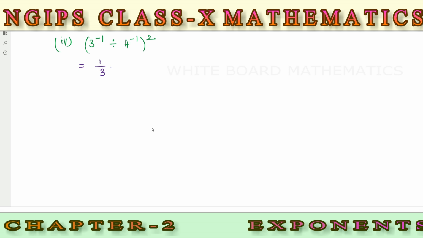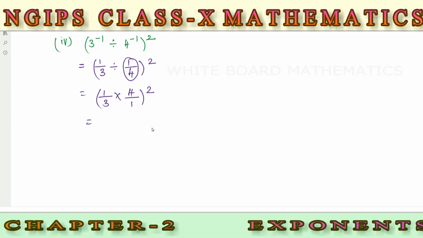It will become 1 by 3, in here division, 1 by 4 whole square. So I need to take 1 by 3. Instead of this division I am going to take it as multiplication, so we have to take this term as a reciprocal. So 1 by 4 becomes 4 by 1, whole square.